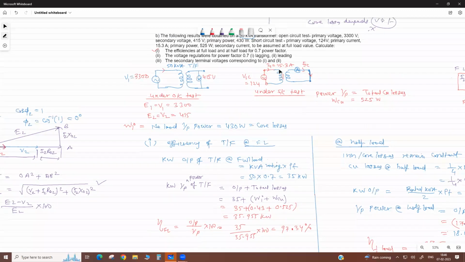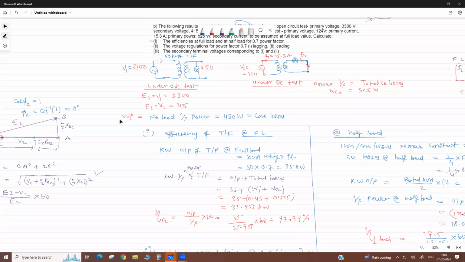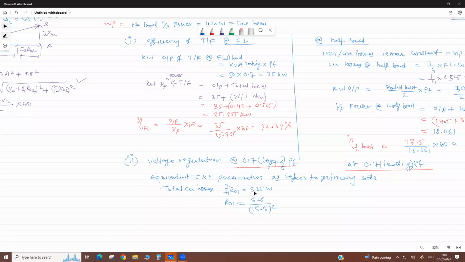This is the current. And you know, when your secondary is at full load, the primary is also at full load current. So if we take the full load current in the primary, then it gives this much loss.